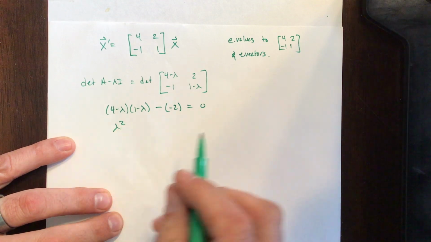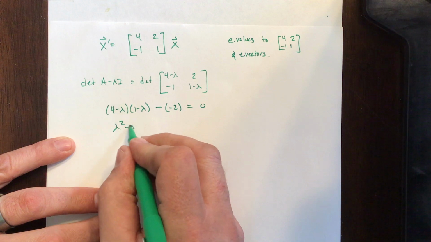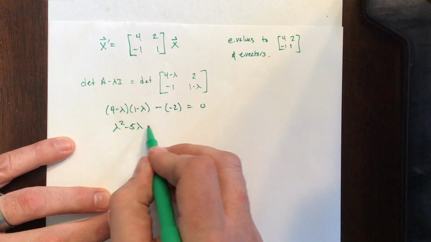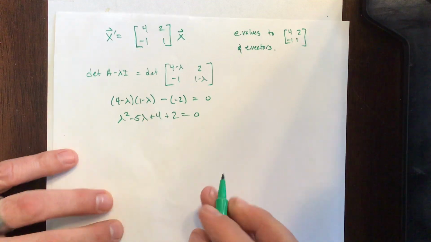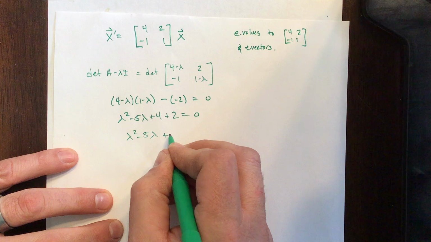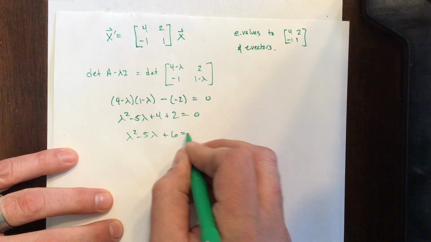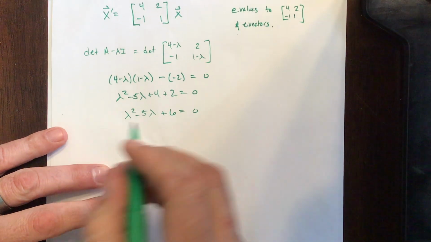That's lambda squared, minus 4 lambda minus 1 lambda, that's minus 5 lambda, plus 4, plus 2, equal to 0. So that's lambda squared minus 5 lambda plus 6 is equal to 0.